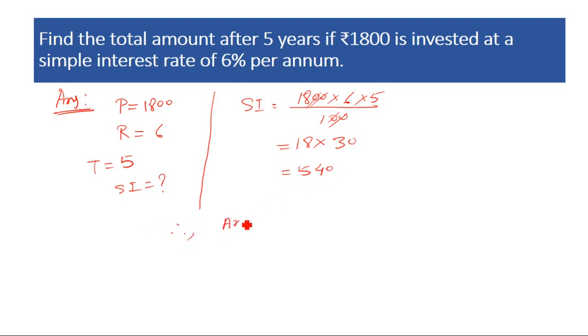Correct. Total amount A is equal to P plus SI. P is equal to 1800 plus SI is equal to 540. The total amount is 2340 rupees.